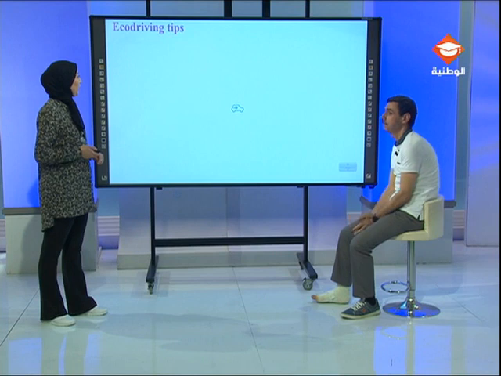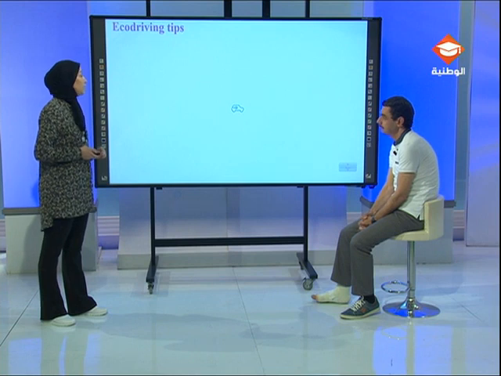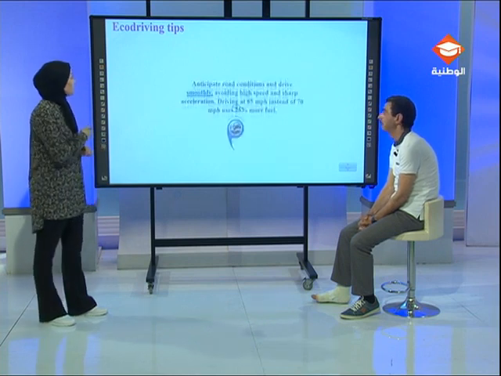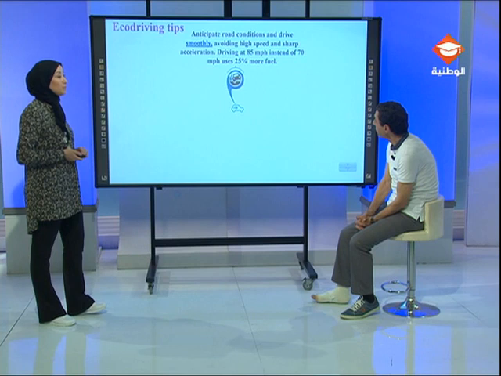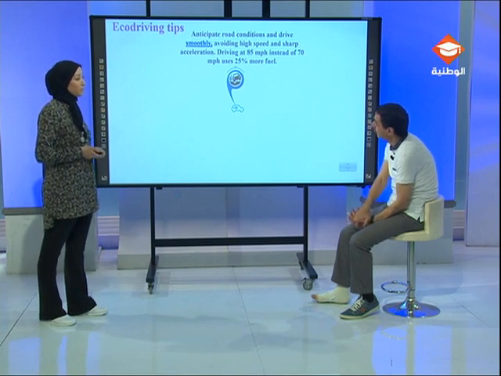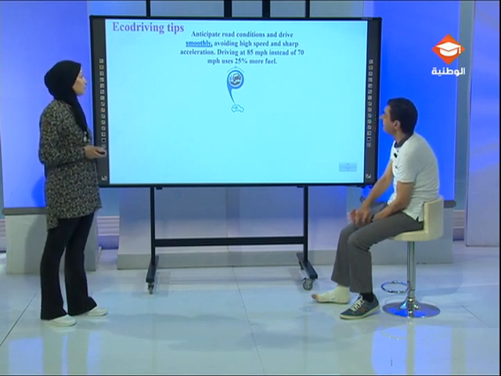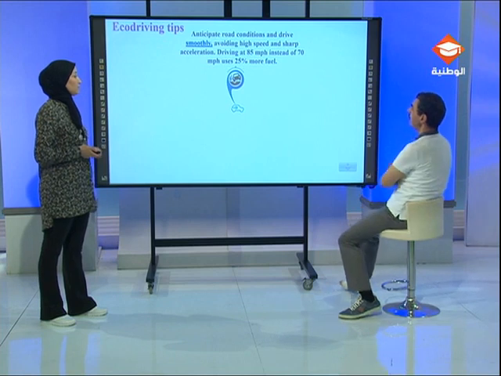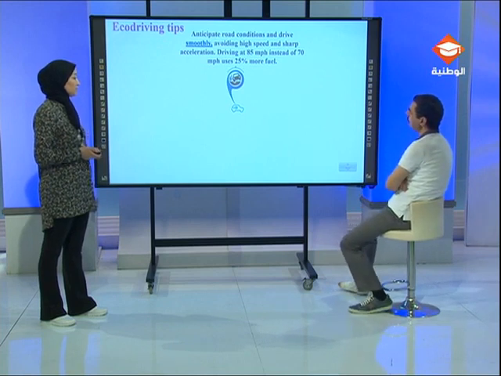Okay, so let's put together some eco-driving tips that will help reduce your fuel usage, but more importantly, help you save money. So the first one, could you read, please? Anticipate road conditions and drive smoothly, avoiding high speed and sharp acceleration. Driving at 85 miles per hour instead of 70 miles per hour uses 25% more fuel.